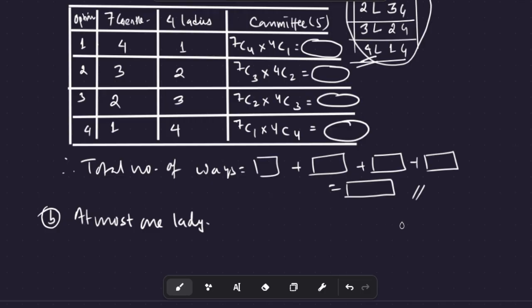There may be zero ladies also. If there is one lady, then how many gentlemen should be there in the committee? Four gentlemen. And if there is zero lady, then five gentlemen. Are there any other options other than this? No. Then we have to find the combinations of these two.